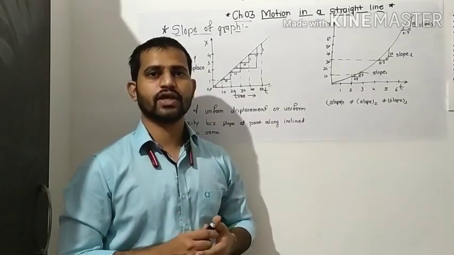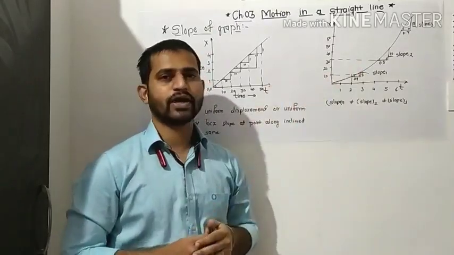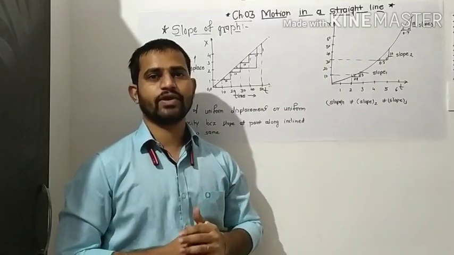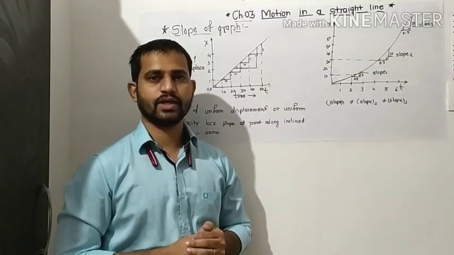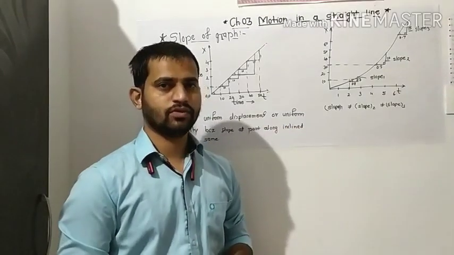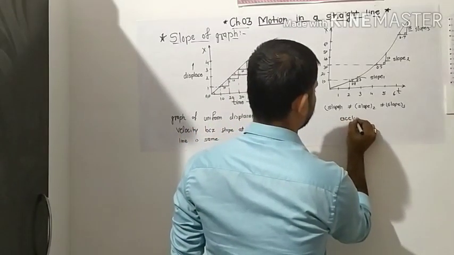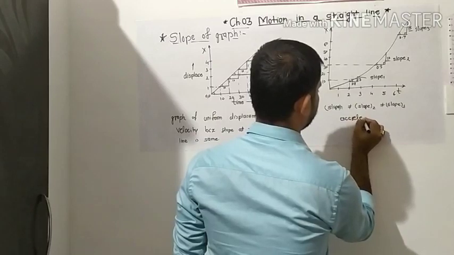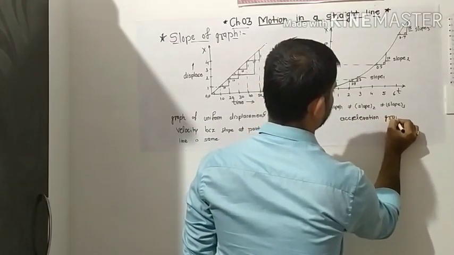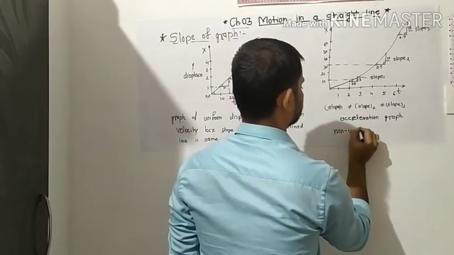Then in that case we can say that as the velocity at each and every point along that graph changes, this graph represents the acceleration. So we can write down here it is the graph of acceleration, or we can say non-uniform motion.